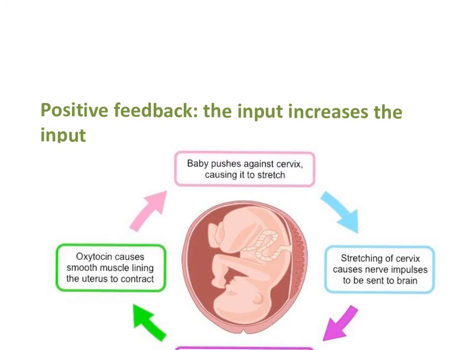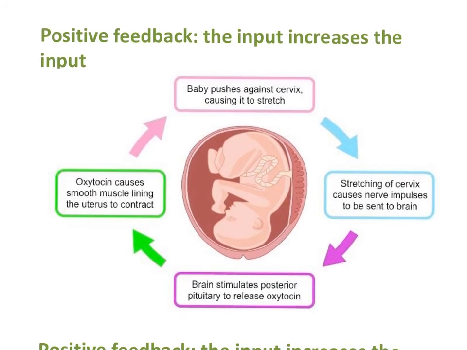Some biology examples. Most common positive feedback examples have to do with childbirth. So here is one where a baby is inside the uterus, and the base of the uterus is called the cervix, which is the opening that the baby needs to exit through during delivery.